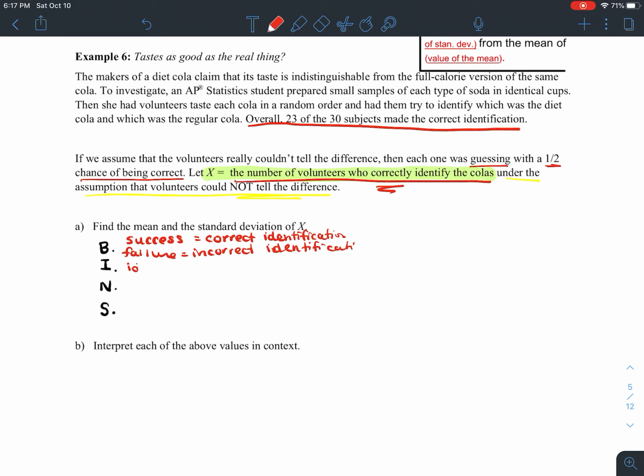Okay, in terms of the independence, I'm just going to make a statement here that we're just going to assume that each identification is independent of the next. Okay.